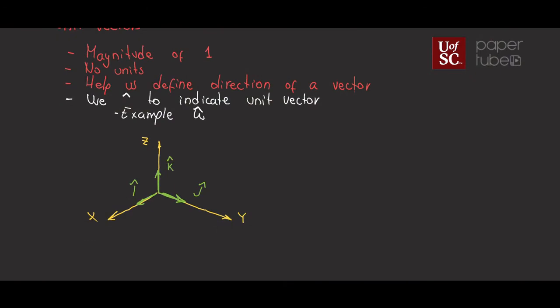So let me go here to my next page. When we have these Cartesian vectors, we're going to define them in terms of the components along the x, y, and z directions, the x, y, and z axes, right?